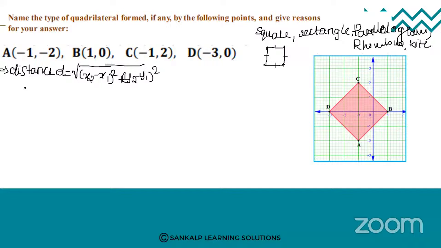So this is our distance formula. So first consider the distance between AB. Distance between AB means it is x1, y1.